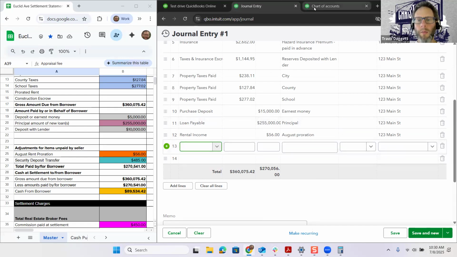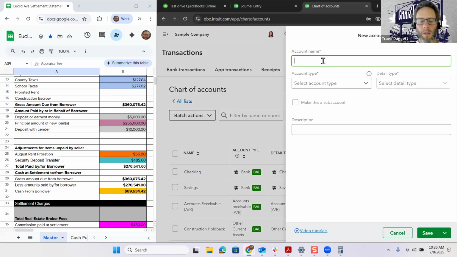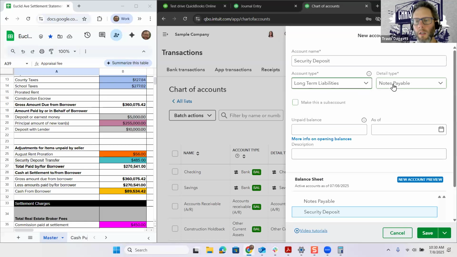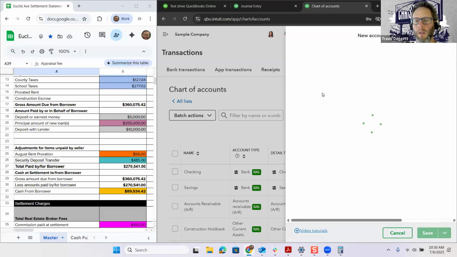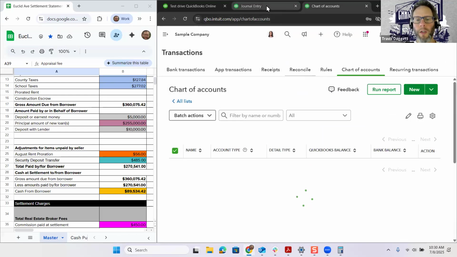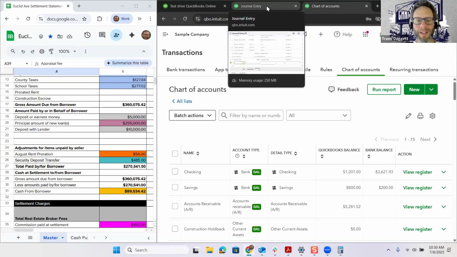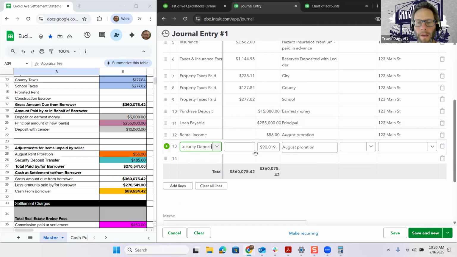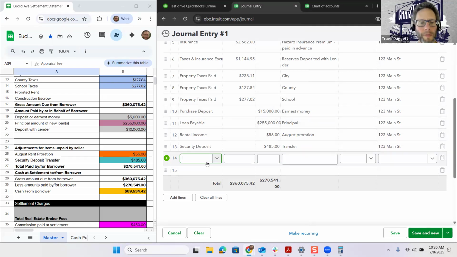And then security deposit. This is a liability. That's presuming it's refundable. Usually it's refundable to the tenant. So it's a liability. It's not our money. It's not the buyer's money. And that's 485. That's being transferred from the seller. And yes, it's specific to this property. Okay.